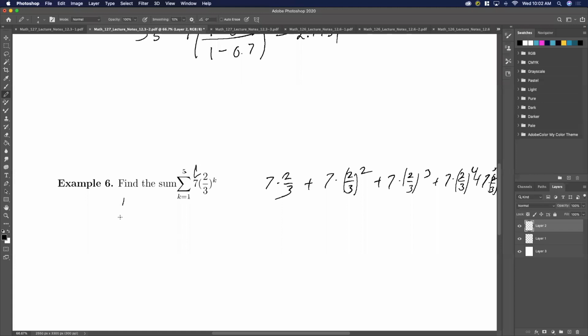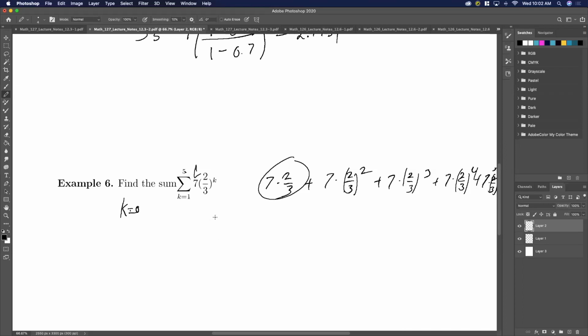And if we started at k equal to 0, that'd be our first term, right? But it's not. We're actually starting at this one, right? So we're starting here.